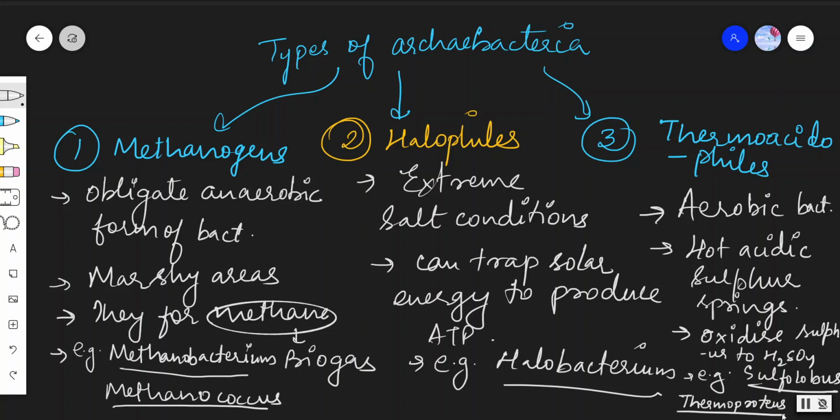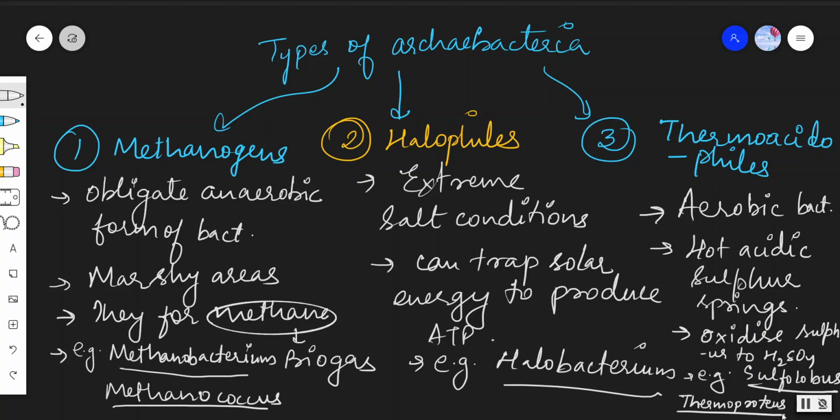Halophiles are present in salt conditions and can trap solar energy, which is used to produce ATP. ATP is what? Energy. This is the type of energy which living cells utilize to survive, to proceed with biochemical reactions, or say metabolic reactions.